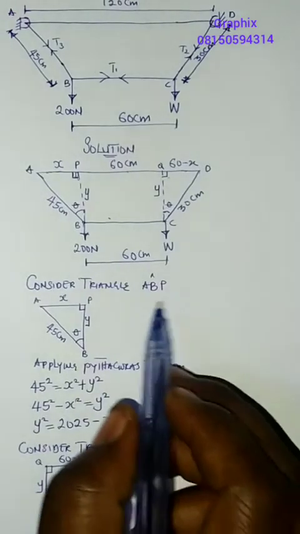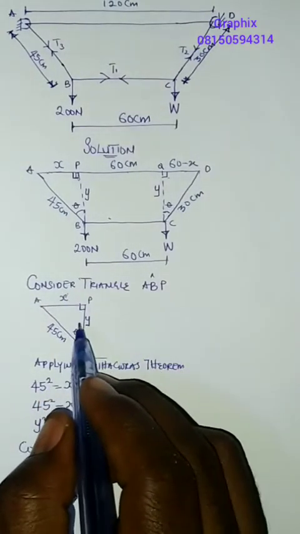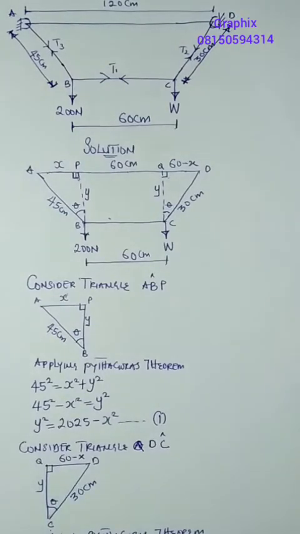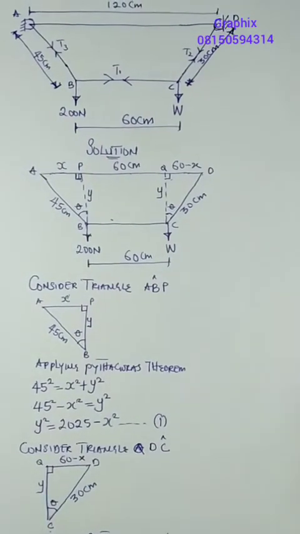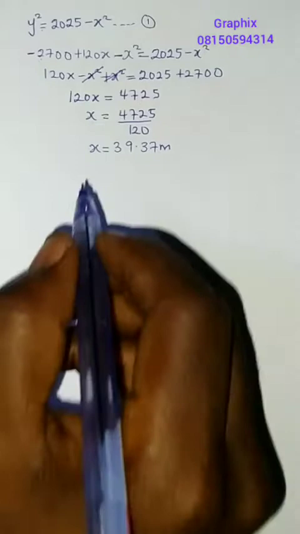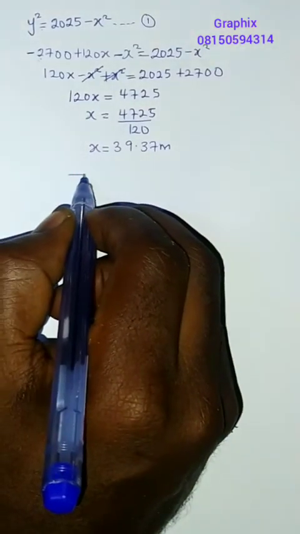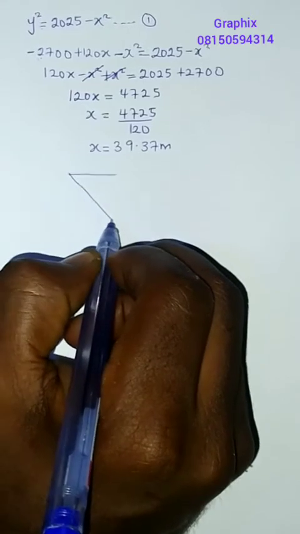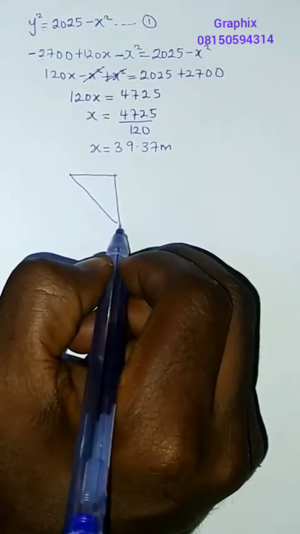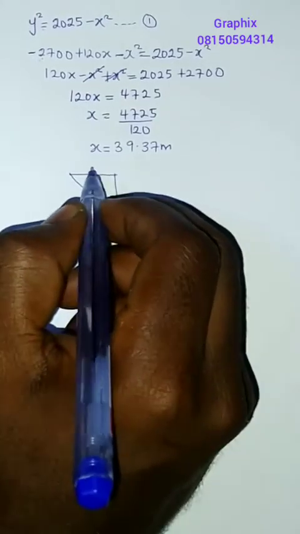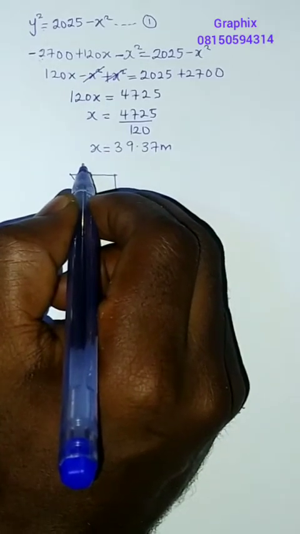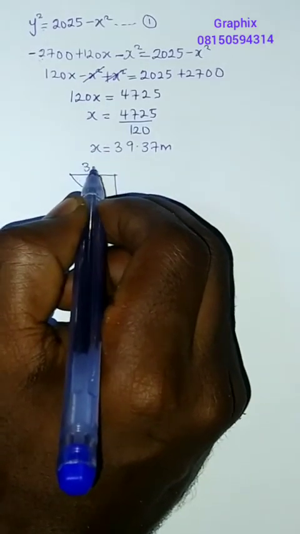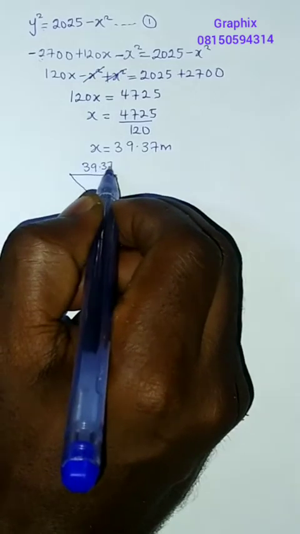Now that means, in this case here, it says my x is giving us what? So I will redraw like this, so that I'll be able to substitute in my x. So this is x, which is equals to 39.37.